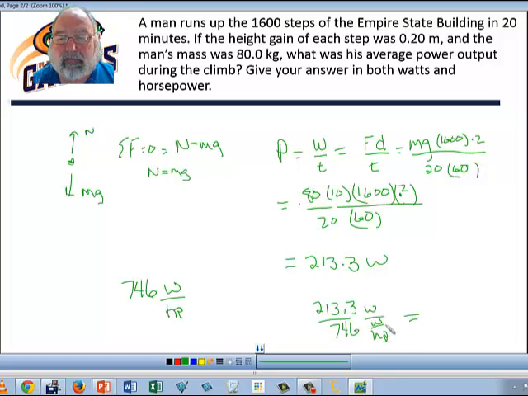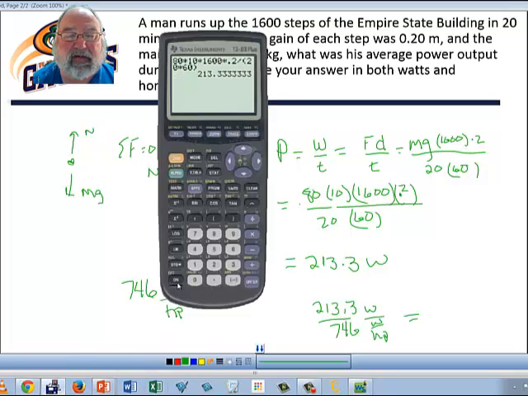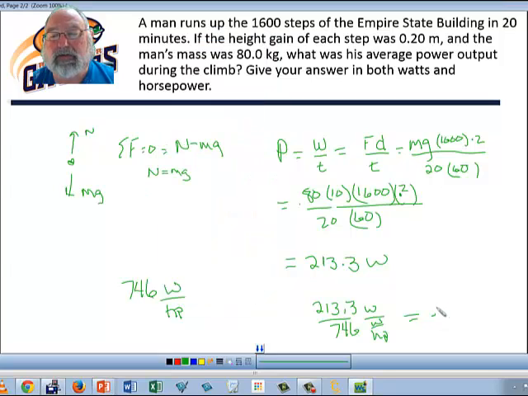And if we look at the units, the watts cancel out, leaving horsepower behind. And let's pull up our handy dandy calculator again. And that's going to be 213 divided by 746 watts per horsepower. And that's about 0.2859, so about 0.29 horsepower.